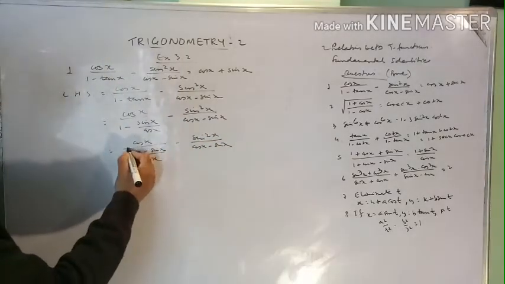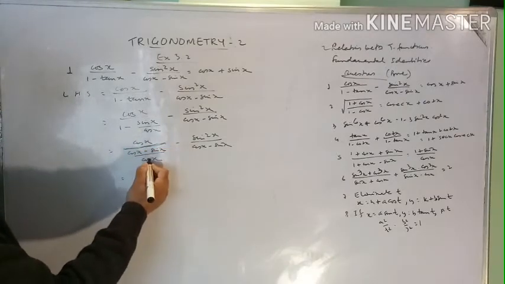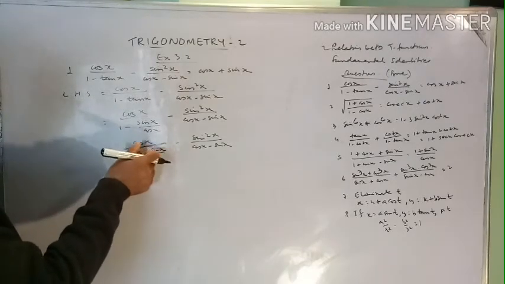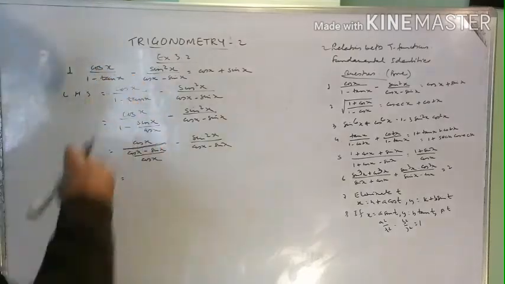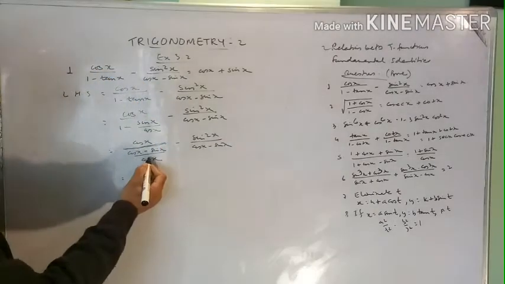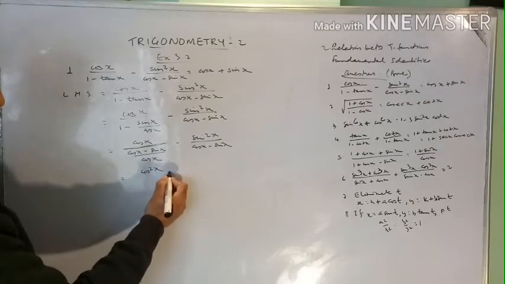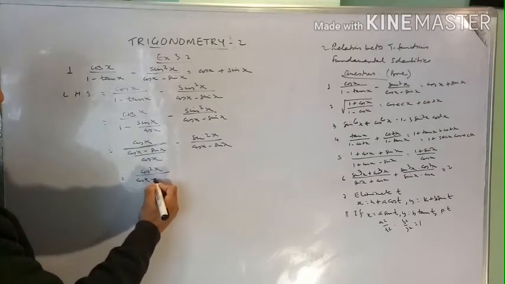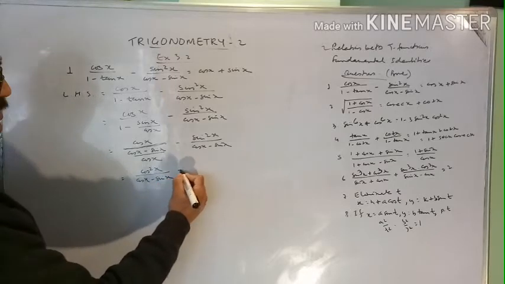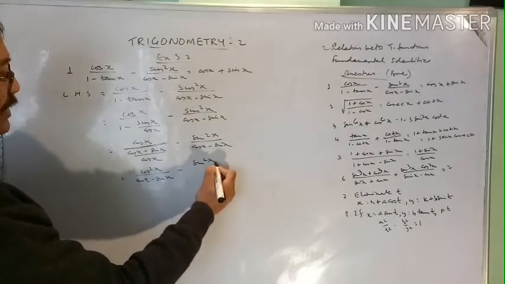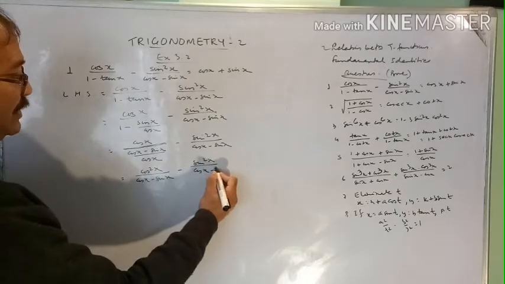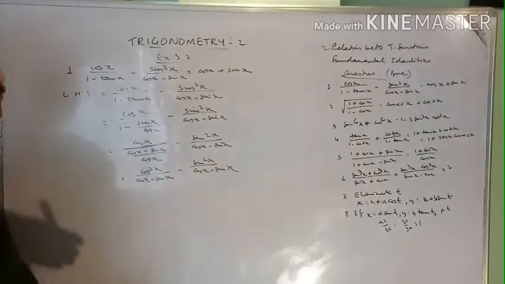Now if you change division into multiplication, then for the reciprocal of the denominator, you have to take the reciprocal, isn't it? So this cos will go up. So cos x into cos x will be cos square x upon cos x minus sin x. So here sin square x upon cos x minus sin x.